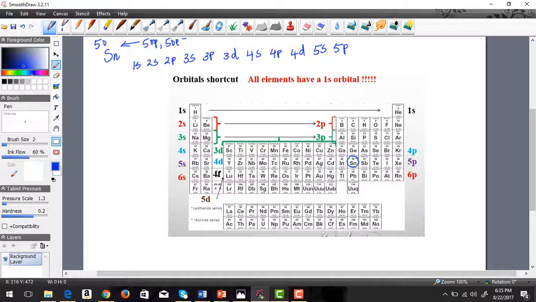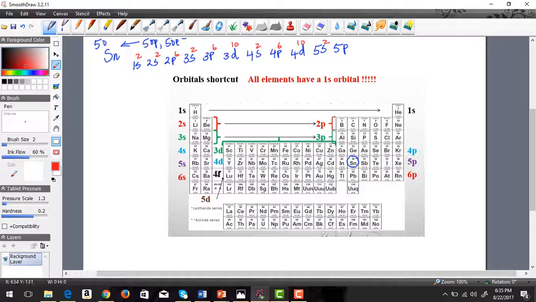All right, so now let's go ahead and fill everybody with electrons. Let me give it a different color so I can make that difference. So it would have to be 2, 2, 6, 2, 6, 10, 2, 6, 10, 2.